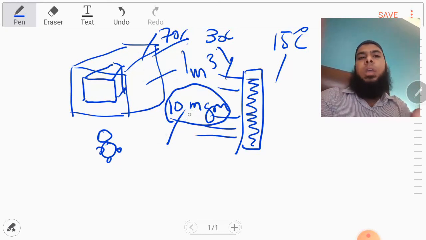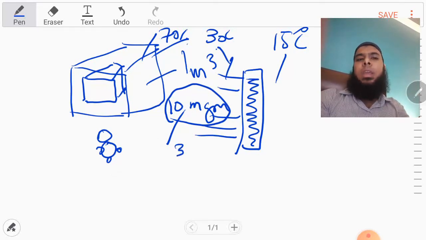Let's suppose we have air at 30 degrees centigrade and relative humidity of 70%. So 30% of 10 milligram is 3 milligram. So it can hold a further 3 milligram, that is a total of 13 milligram.